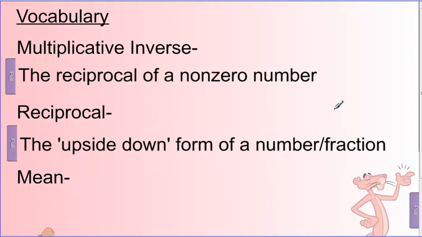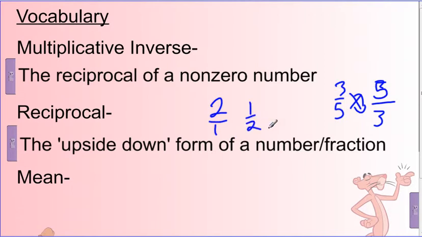So when you take a number or a fraction like 3/5, and then you flip it upside down, the top goes here, the bottom goes there, and it goes to 5/3. This is a reciprocal. If you have a whole number like 2, the reciprocal of that is, first you would write it as a fraction, then flip it.